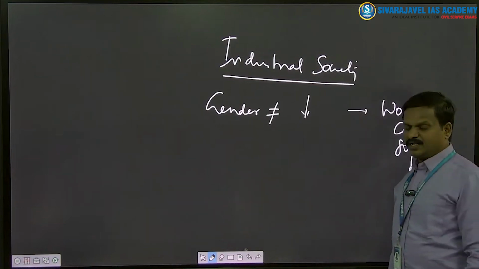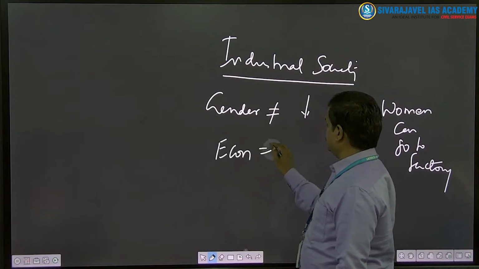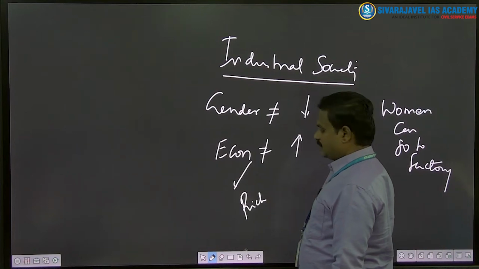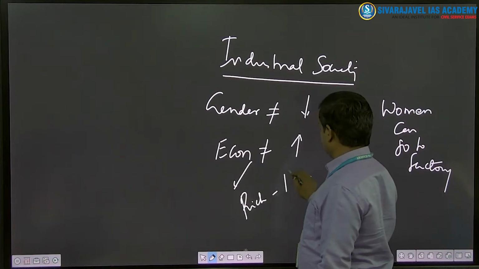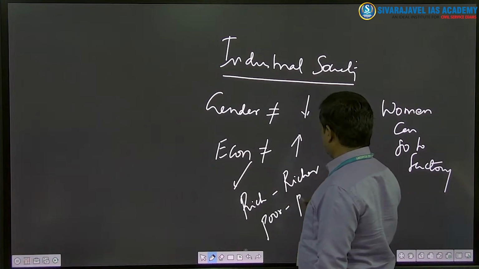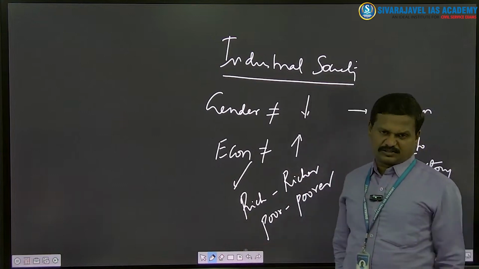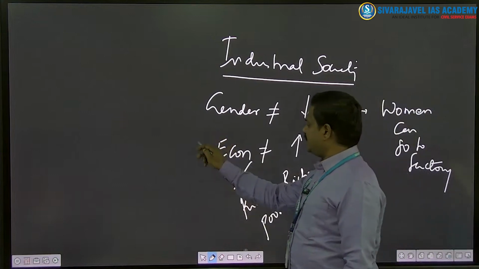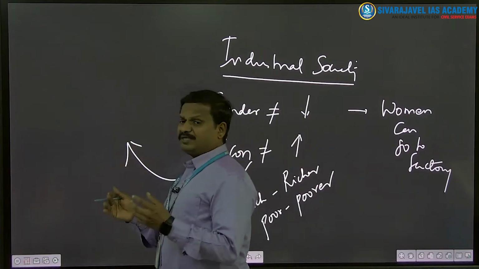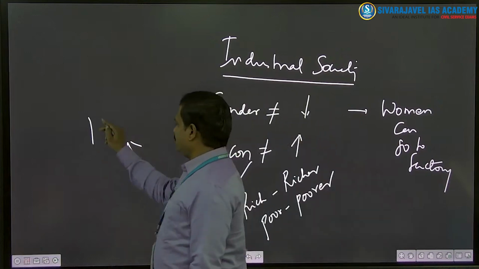Therefore, gender inequality will come down, but economic inequality will increase, which means rich will become richer, poor will become poorer. So the rich poor divide will increase. And this is the main contention of a very legendary thinker who will be studied in the 4th unit of paper 1 sociology. His name is Karl Marx.